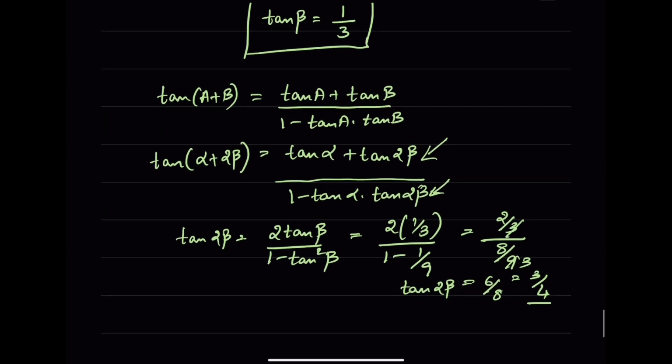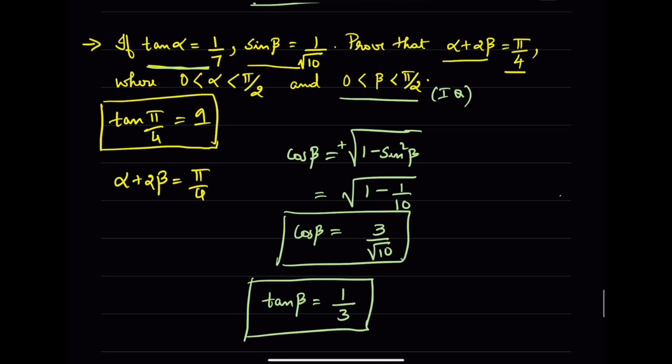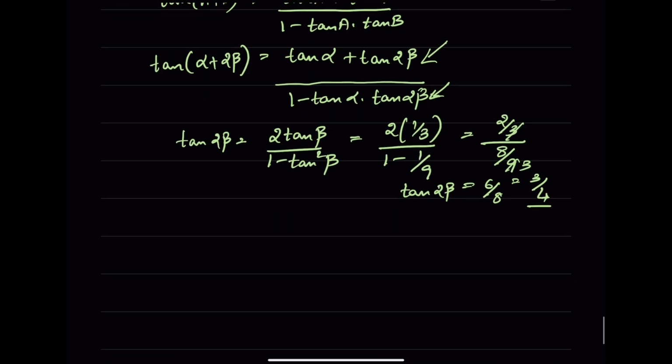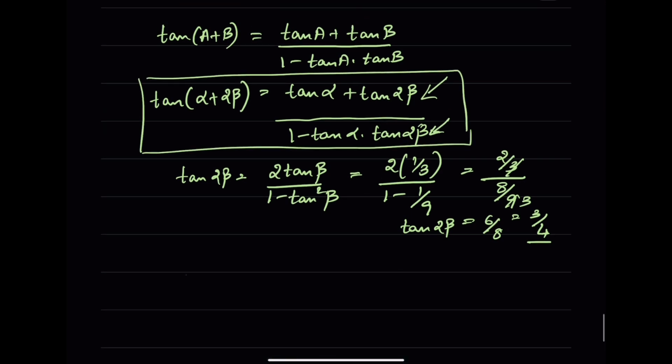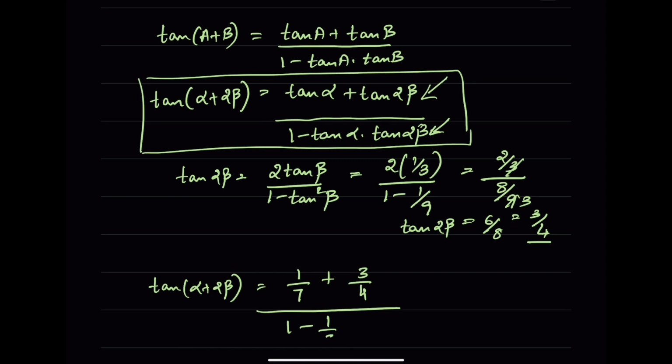Now we know the value of tan alpha and tan 2 beta. So tan alpha is given in the question, which is 1 by 7. So let's start applying it to this formula here. So tan of alpha plus 2 beta is equal to 1 by 7 plus 3 by 4 divided by 1 minus 1 by 7 multiplied by 3 by 4.